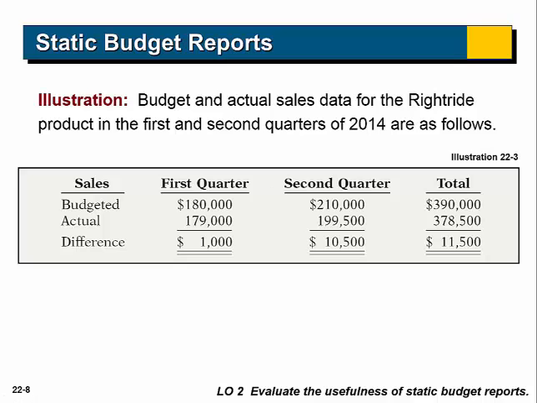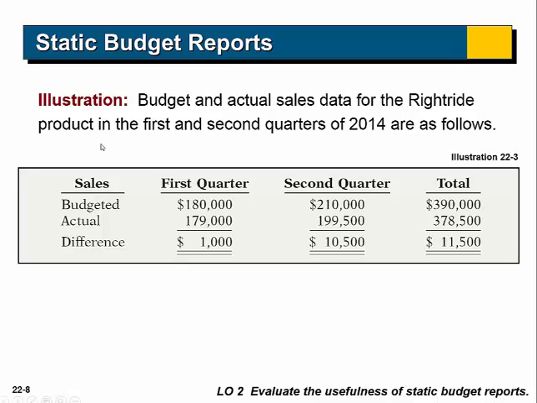However, the actual amount of sales for the first quarter is only 179,000, and for second quarter, 199,500. Therefore, if you compare what they had budgeted to what their actual results are, they were 1,000 under budget.